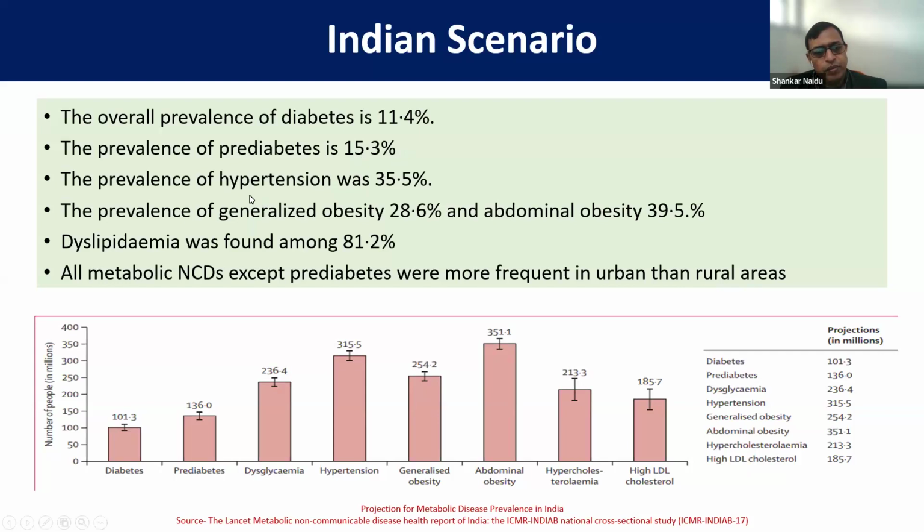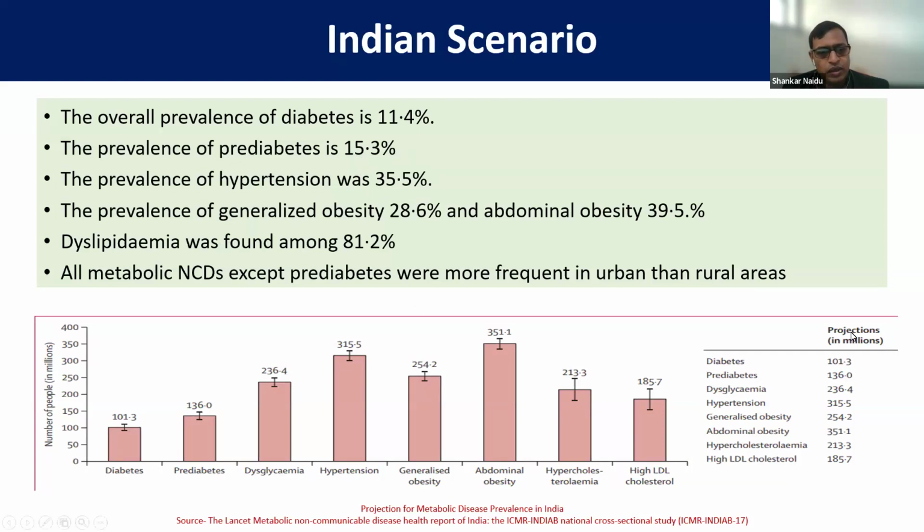The prevalence of hypertension is also similar, nearly 1/3, almost 1 in 3 patients will have hypertension in the general population. The prevalence of generalized obesity is about 28%, and abdominal obesity is almost 40%. Dyslipidemia is one of the most common risk factors found in the study, seen in about 80% of the patients.